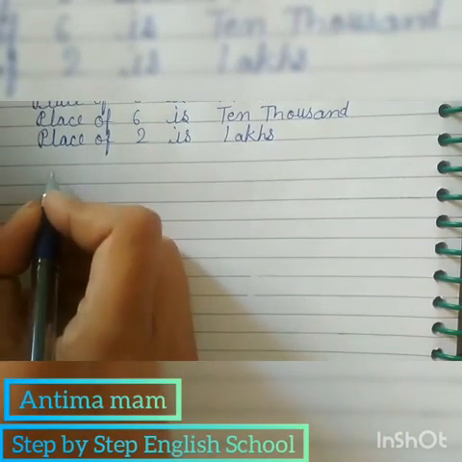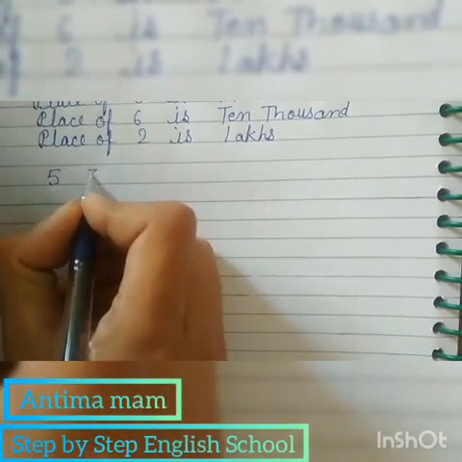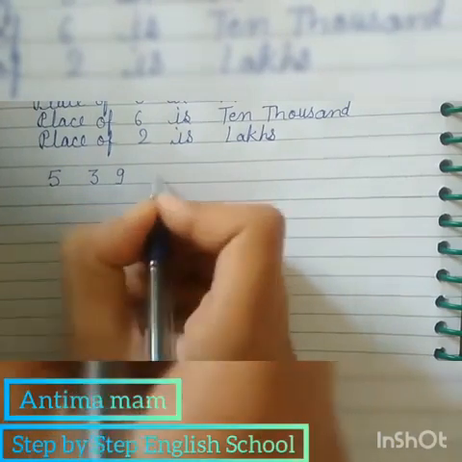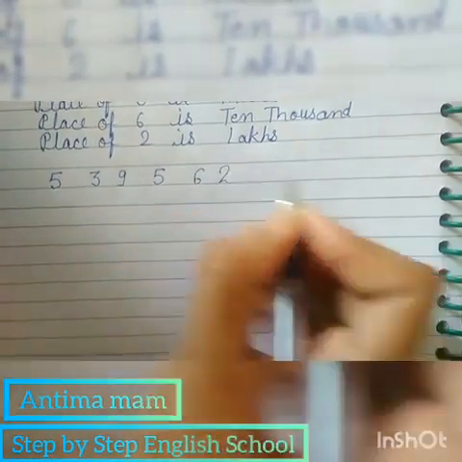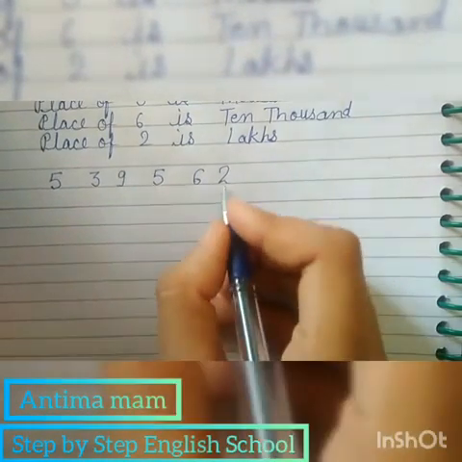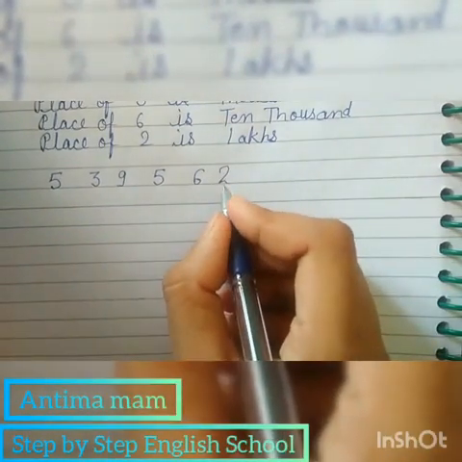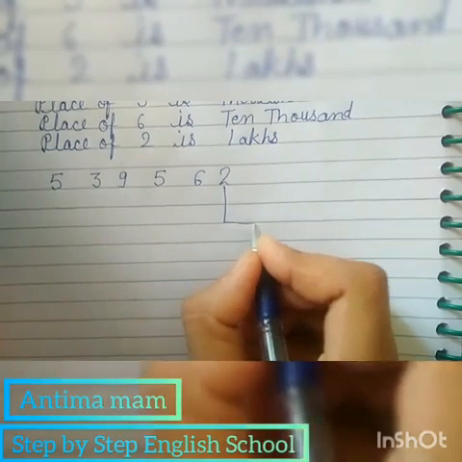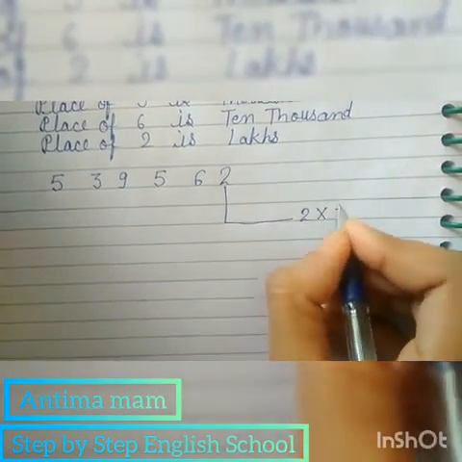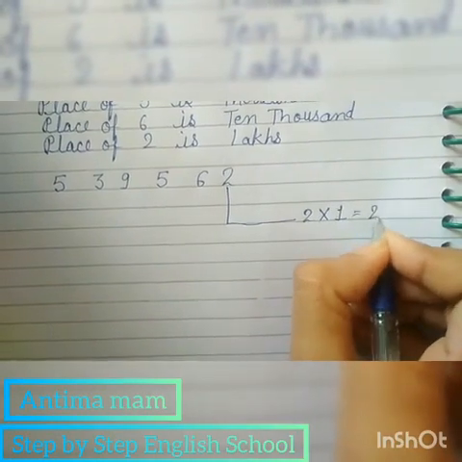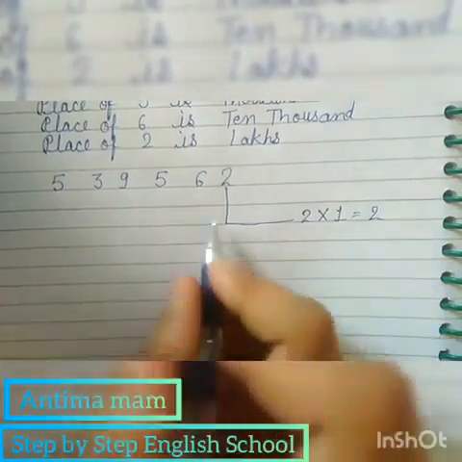Our digit is 5,39,562. Place of 2 is ones. 2 multiplied by 1 is equal to 2. Place value of 2 is 2.